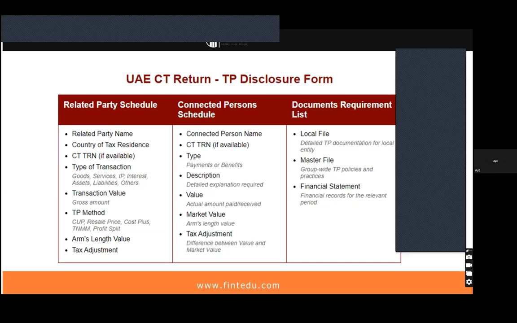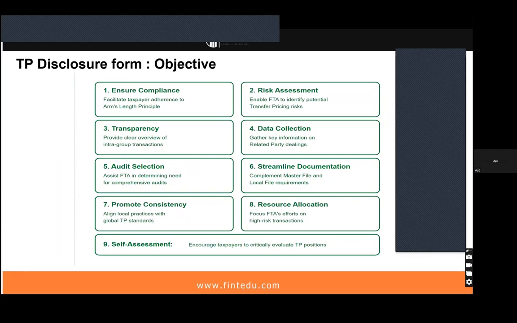So there is no need to attach them, but a reason can be mentioned in the disclosure form. These are the three sections in the disclosure form, and in the subsequent slides we'll discuss each section in detail: what kind of information we need to put, and what the issues and challenges are. Now, the objective of the TP disclosure form is to ensure compliance.